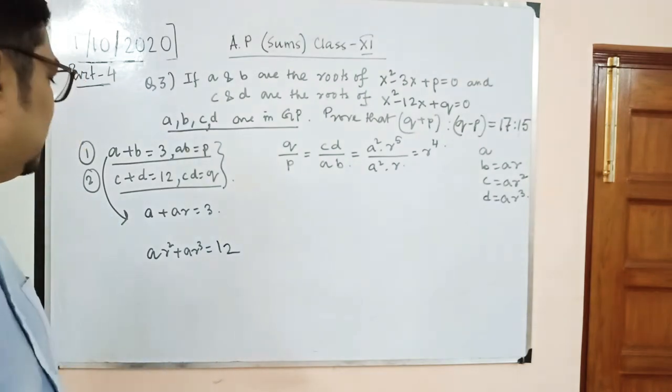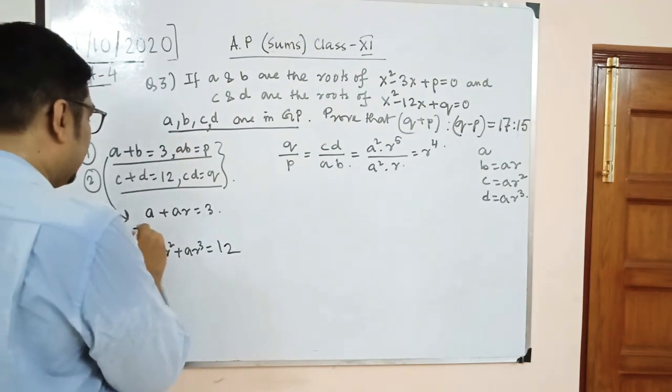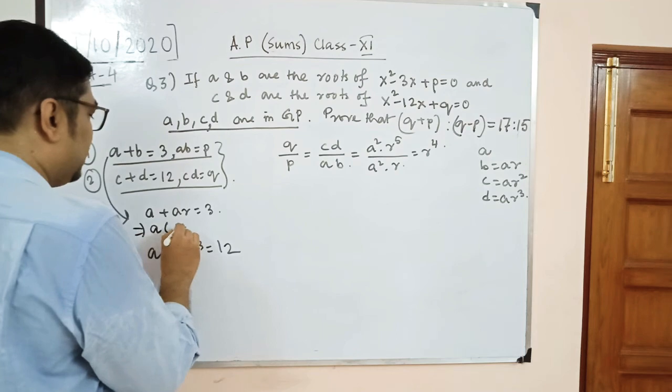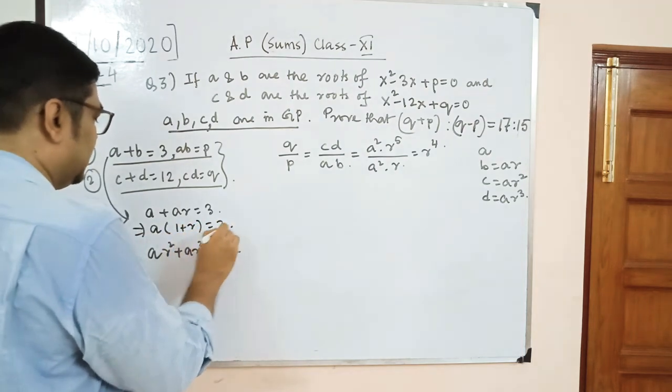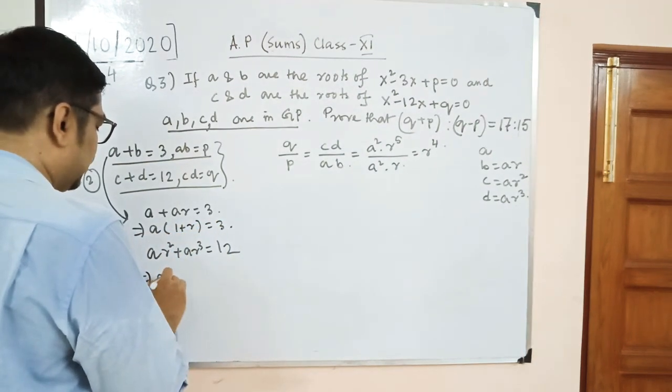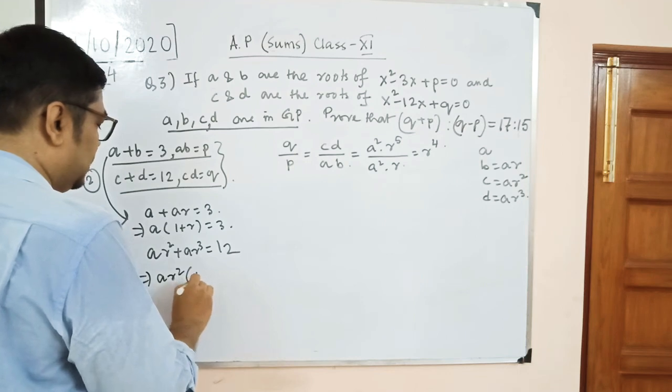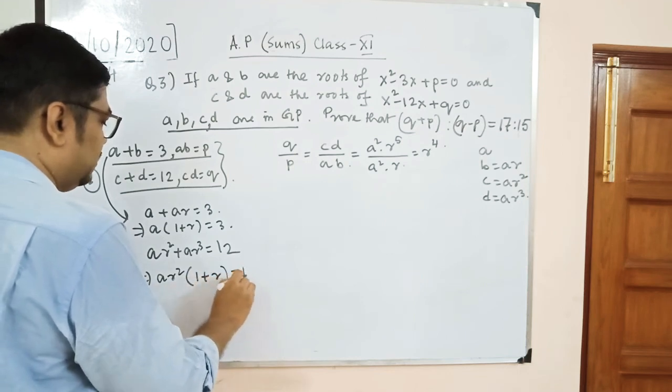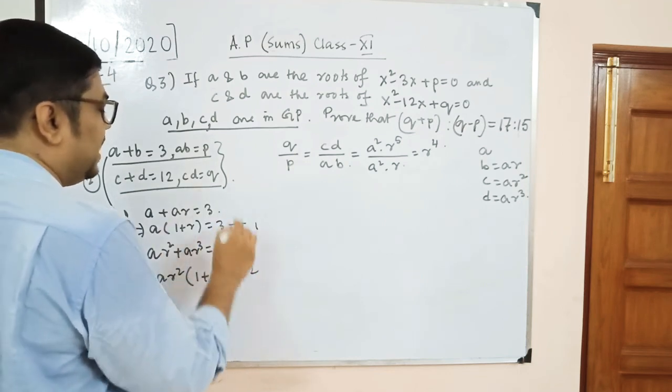So if we take A common from here, we get 1 plus R, which is equal to 3, and if we take AR square common from here, we get 1 plus R, which is equal to 12. So this is our main equation.